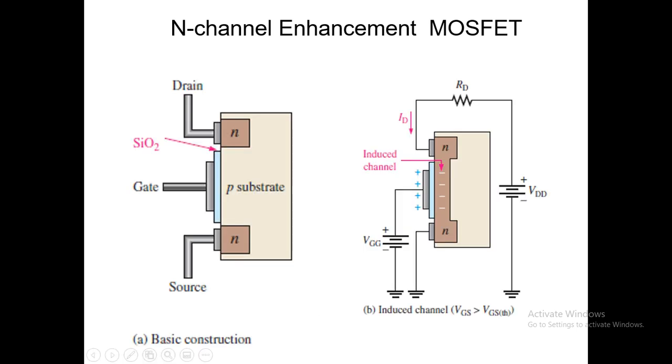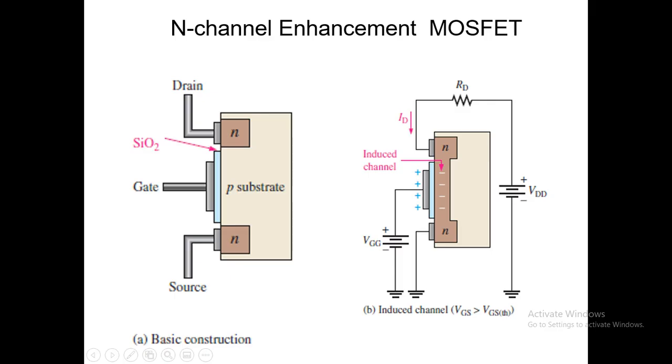So the first one is an n-channel enhancement MOSFET. We have the P substrate, with two n-type layers for drain and source, and this is the gate. The three are metal terminals, and in between is the SiO2 layer. Here we apply the voltage VDD, that is drain to source, and here we have the gate source voltage as positive.